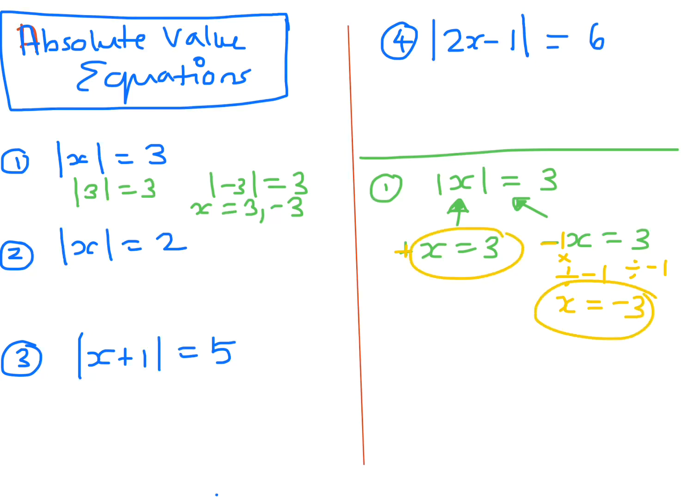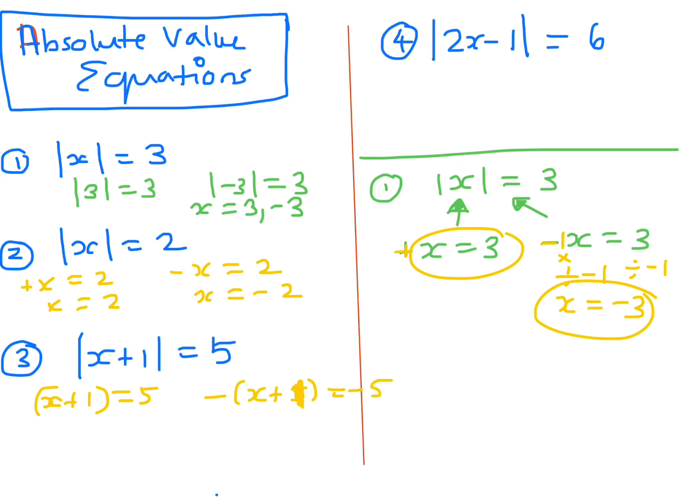Okay, so with this one here, positive x equals 2, minus x equals 2, x is 2, and x is minus 2. So x plus 1 equals 5. I'm just doing it the longer way, so you get what's inside, x plus 1, equals minus 5, equals positive 5. Not doing that real well. So I'll keep the minus on that side just to start with.